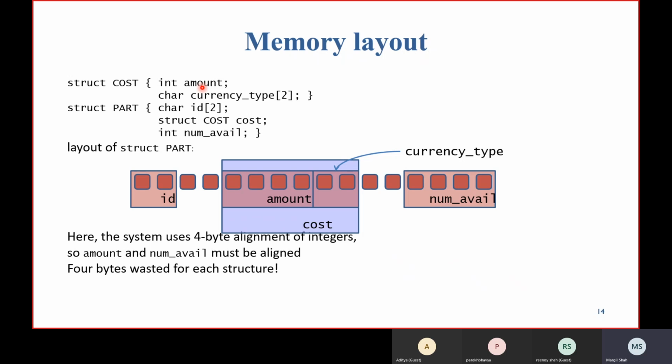As we already know we are dealing with GCC, that is why it shows 4 bytes for amount, an integer, right? Same for the currency, so 2 characters, 2 bytes. So this is for cost. And the third is an integer again, number avail with 4 bytes, fine. So here the system uses 4 byte alignment of the integer, so amount and number avail must be aligned to 4 bytes for each structure.